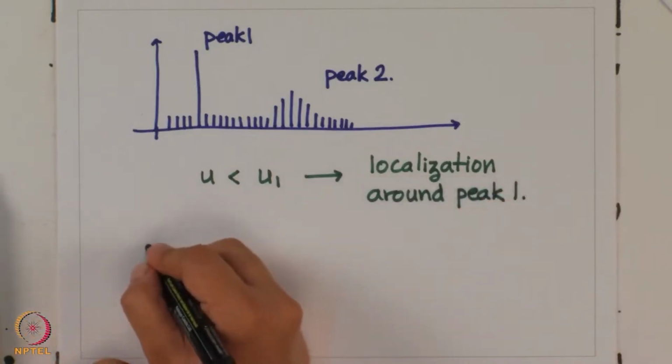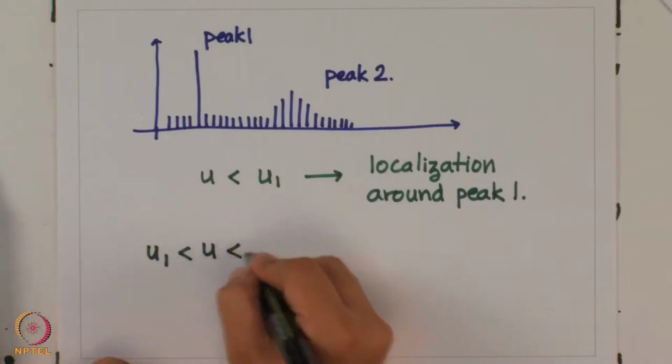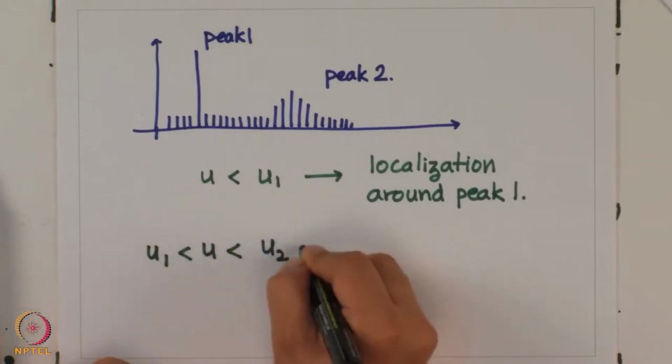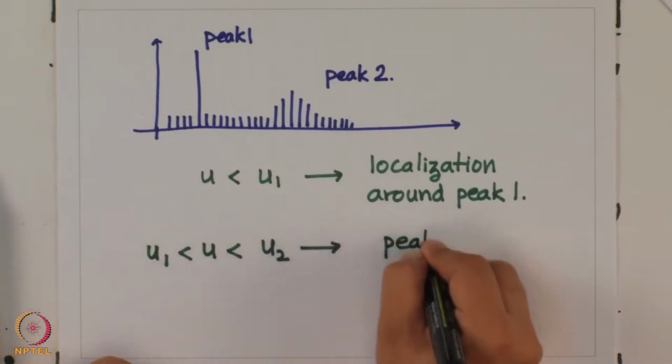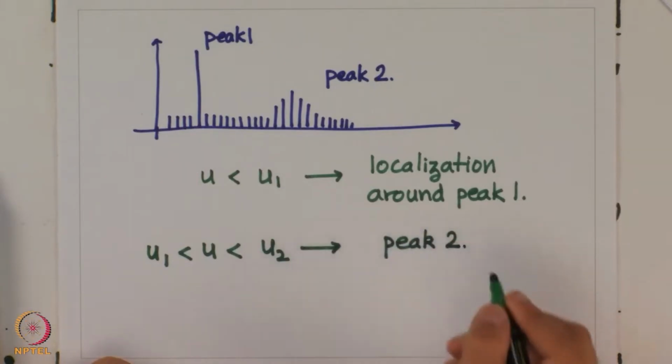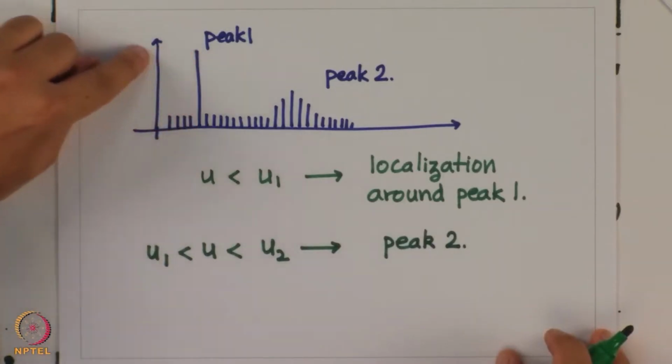If the error rate, however, is more than U1 but less than a certain value U2, then localization happens around peak 2. So if replication is very faithful, then the species would center around a peak which offers them higher fitness.